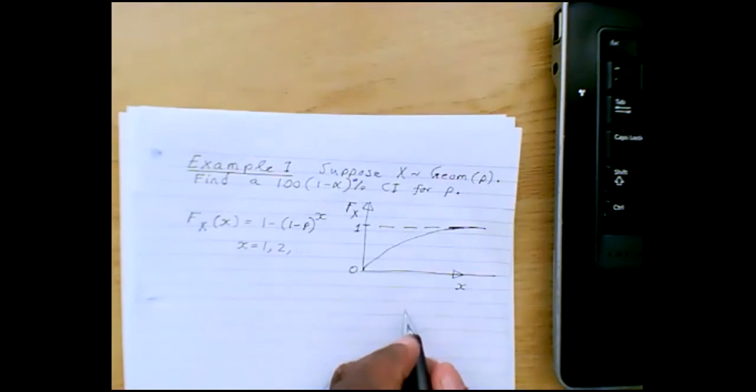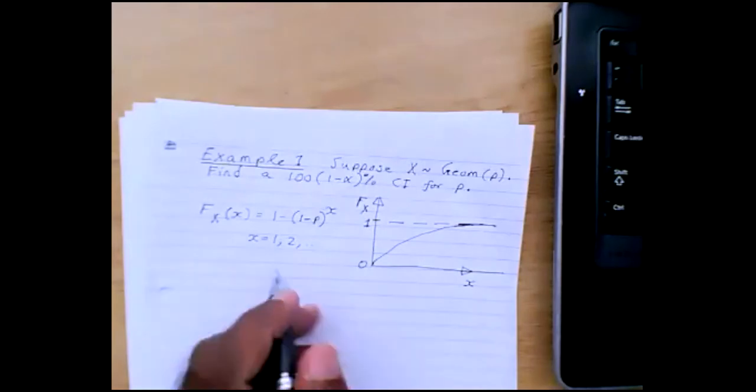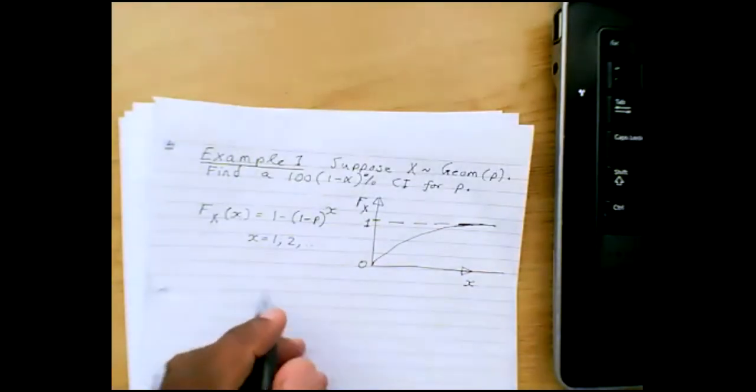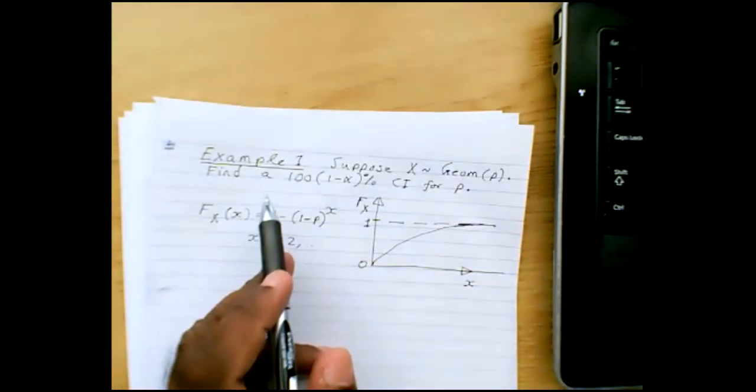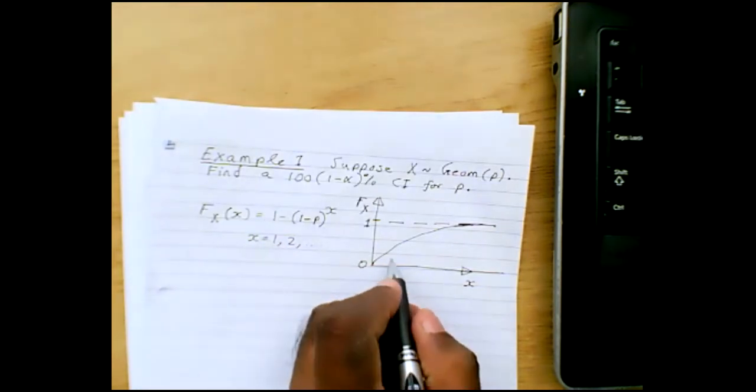Now the thing is, we need to pick. This should be example 5. I'm just calling it example 1, but it should be example 5. Yeah, you're right.